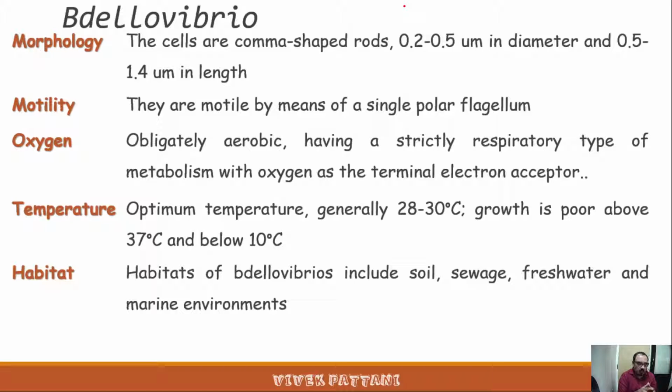The cells of this bacterium, Bdellovibrio, are comma-shaped rods with a diameter of about 0.2 to 0.5 micrometer and 1.4 micrometer in length, and they are highly motile swimmers by means of a single polar flagellum.